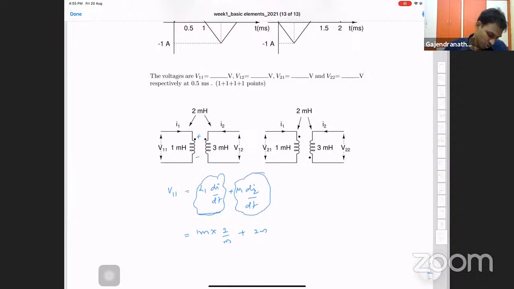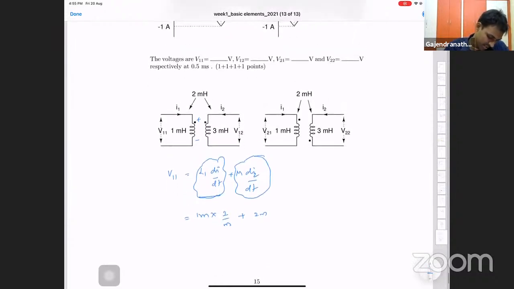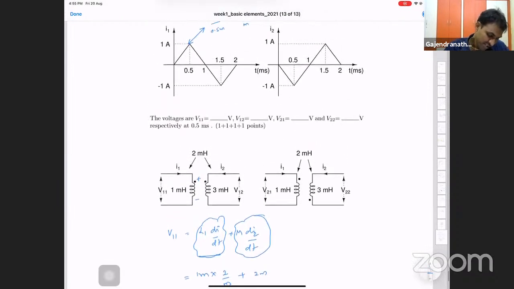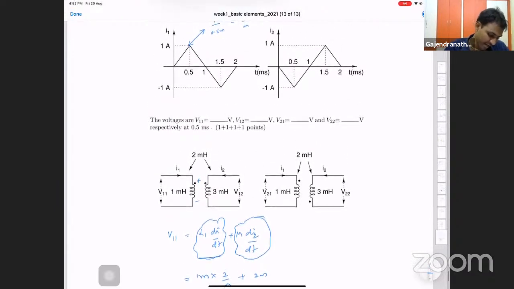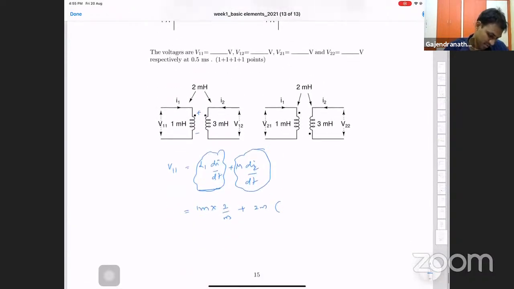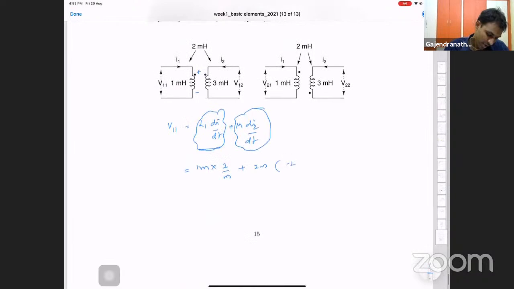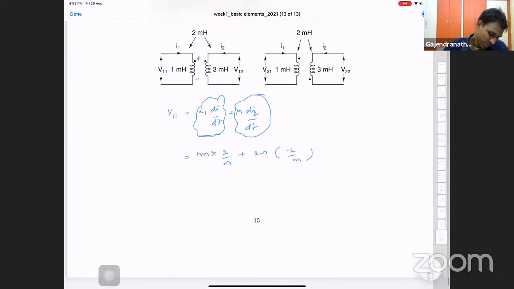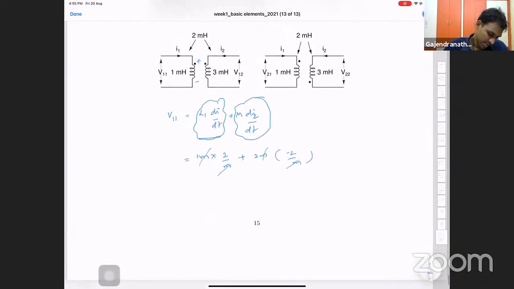So 2 milli times di2 by dt. If you see di2 by dt at 0.5, it's a negative slope of the same current. So we get minus 2 by milli. So milli cancels. I get minus 1 volt. This is what V11 is.